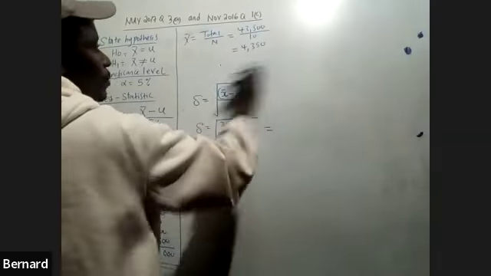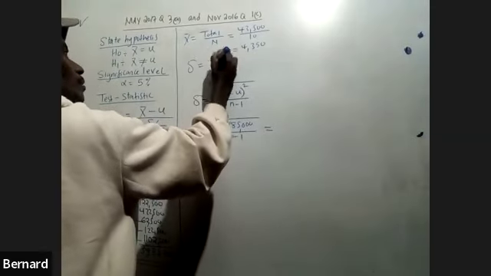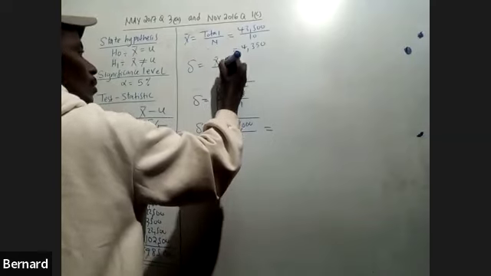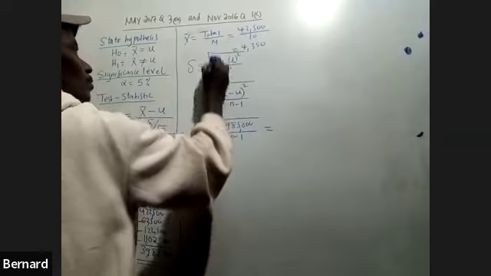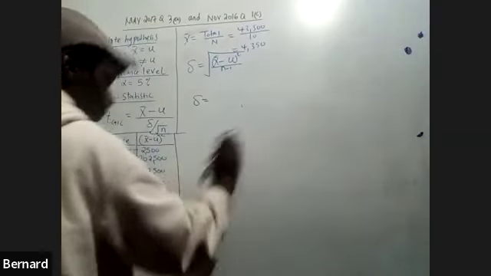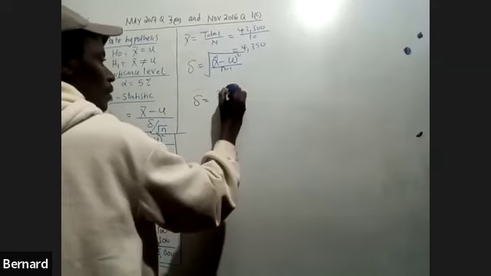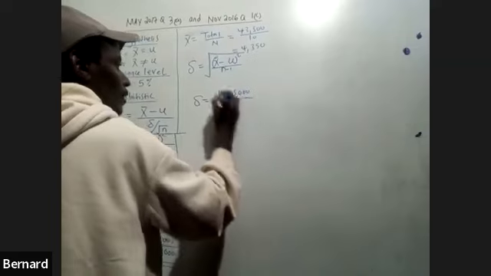So to get the standard deviation, nirudisha hapa juu kidogo. X bar minus mu over n minus 1 squared square root. Nikuja hapa 39,85,000 over 9.